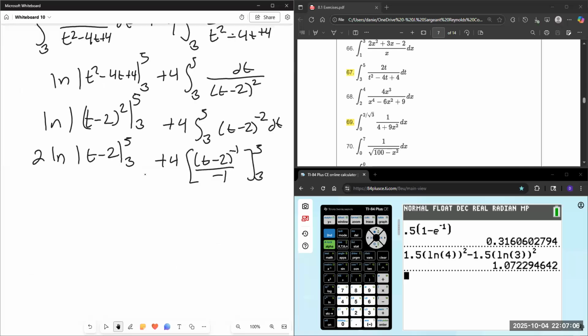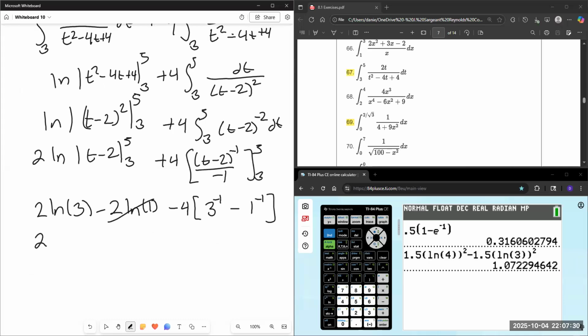This is 2 ln of 3 minus 2 ln of 1. ln of 1 is 0, minus 4 times 3 to the negative first minus 1 to the negative first.